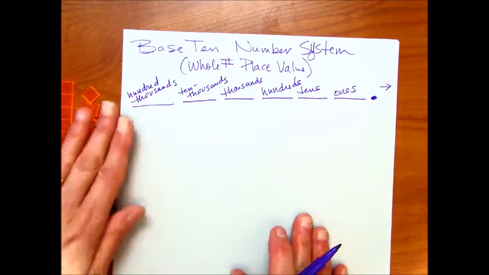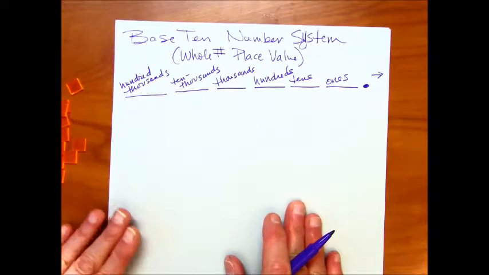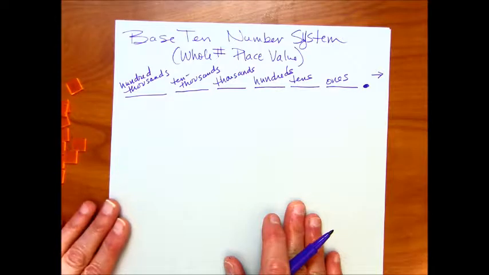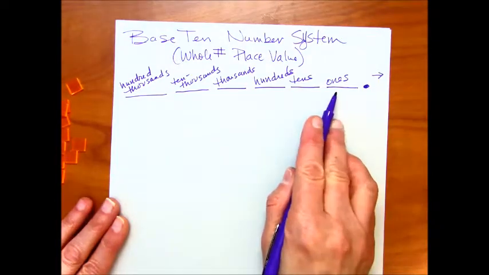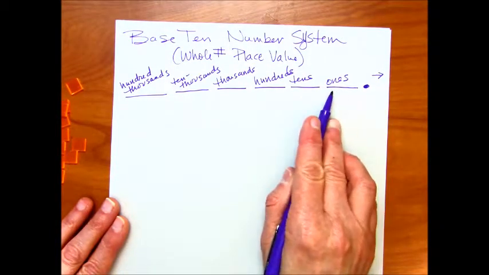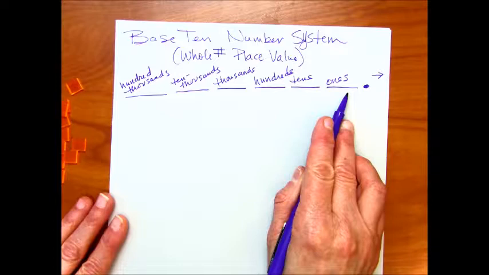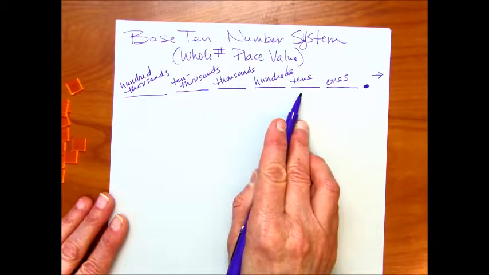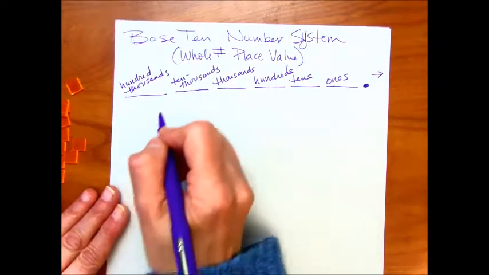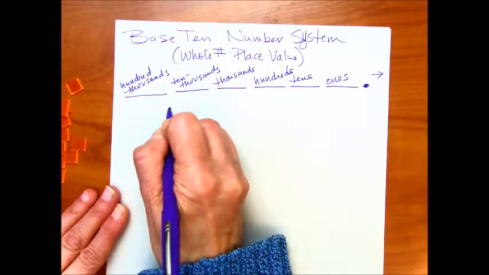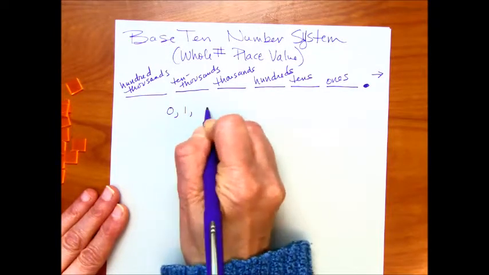Now, the thing that's special about a base 10 number system is that you can only use a choice of 10 digits per place value. So, for instance, we only have a choice of 10 different digits, and they're all going to be one-digit numbers for the ones place. Same with the tens place, or the hundreds place, and so on. So the 10 choices that we have to choose from starts at 0 and goes all the way to 9.